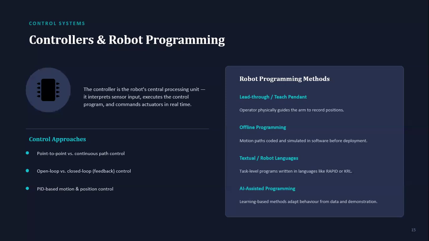Robot programming can be performed using teach pendants, offline simulation software, programming languages such as RAPID or KRL, and increasingly through AI assisted programming techniques. Modern robots are becoming easier to program while offering greater flexibility and intelligence.